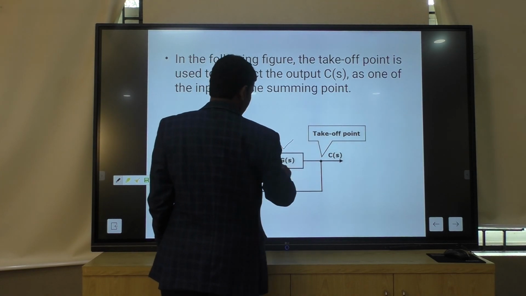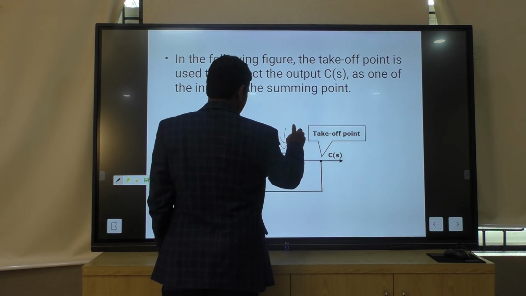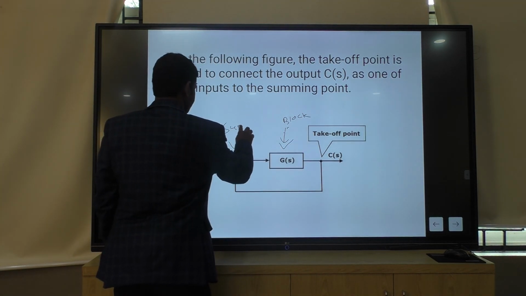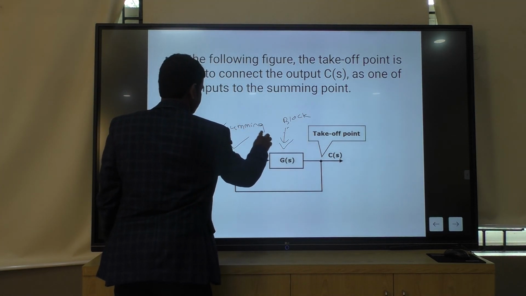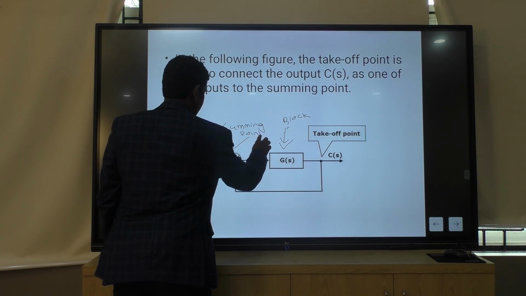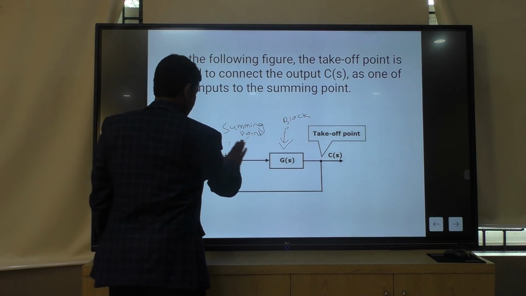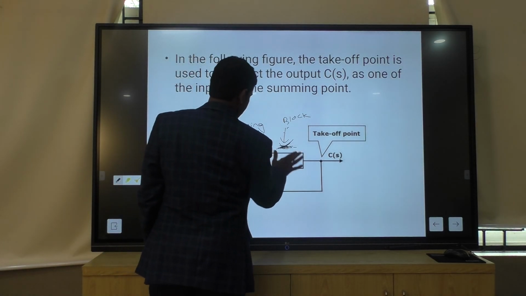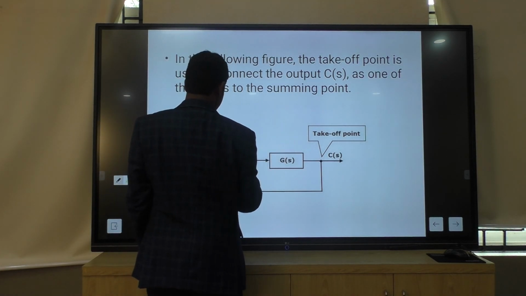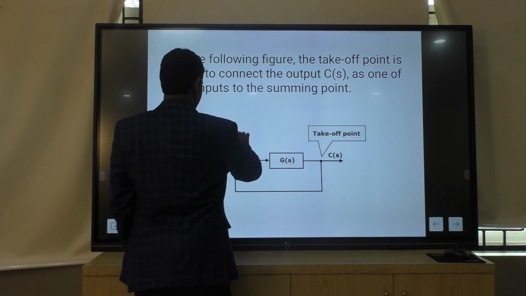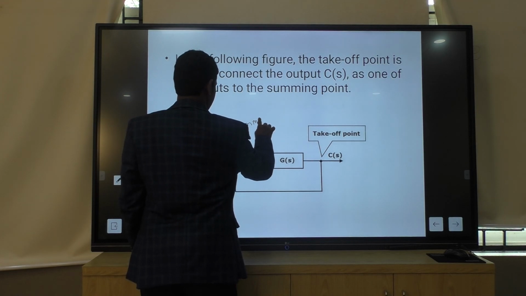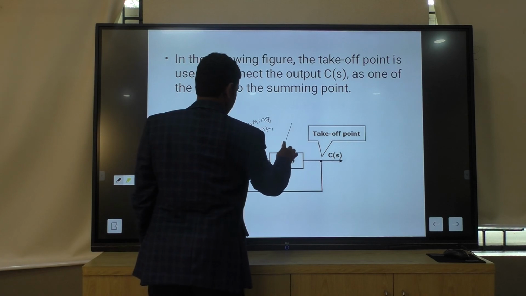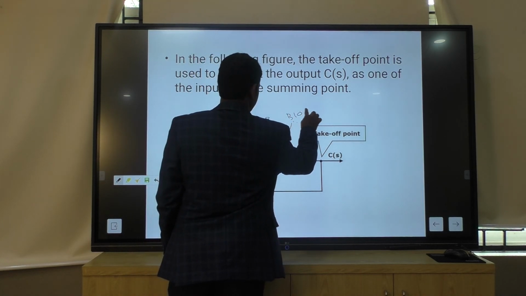This is a summing point. This is a block.